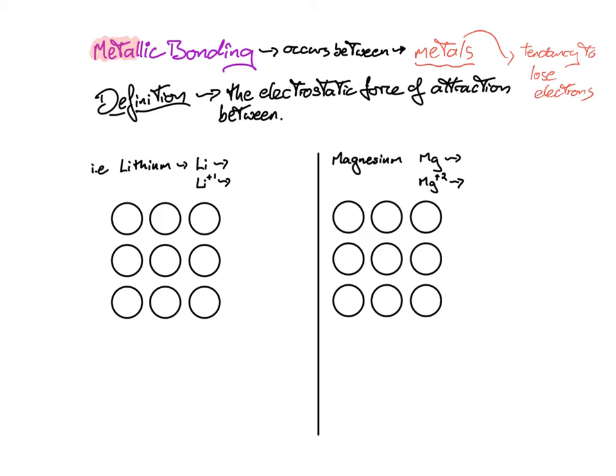So, lithium. Lithium is a group 1 metal and it has the electronic configuration of 2, 1. The lithium ion is formed when that one outer shell electron is transferred away, as in the case of ionic bonding, forming ions, or in this case, when that one outer shell electron is delocalized.